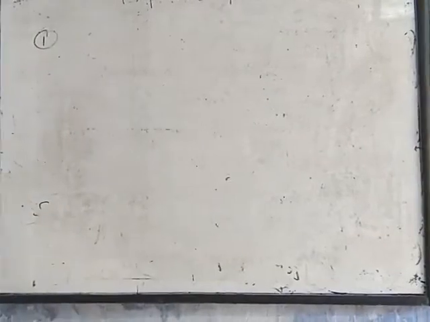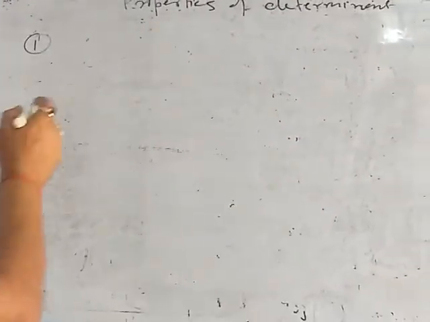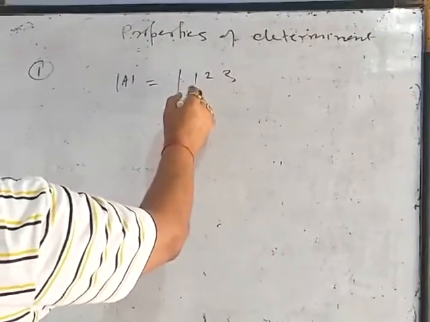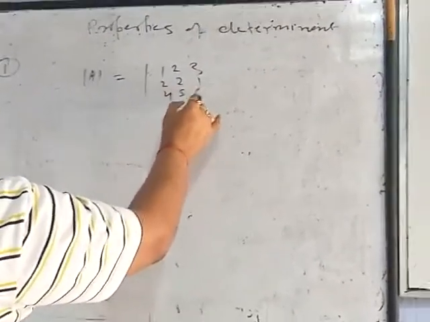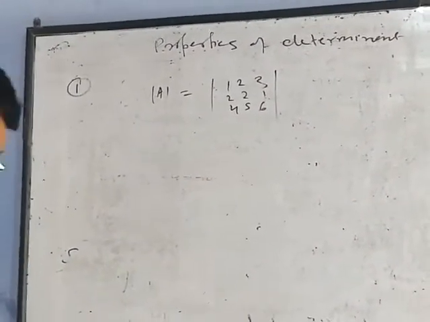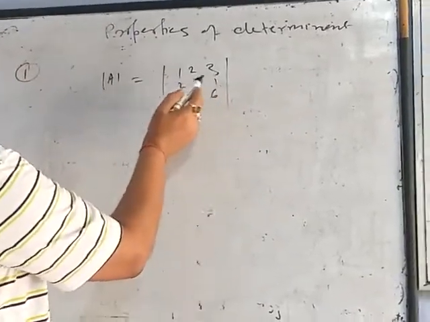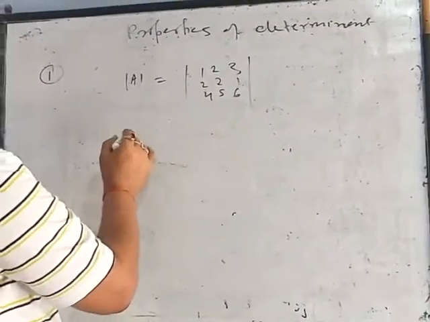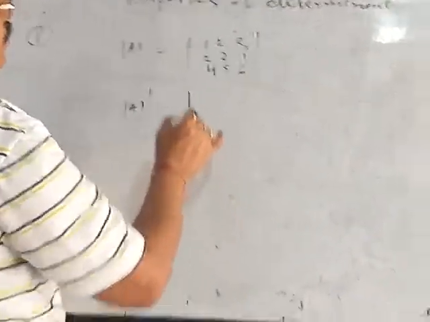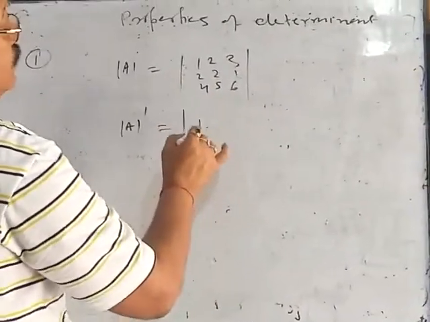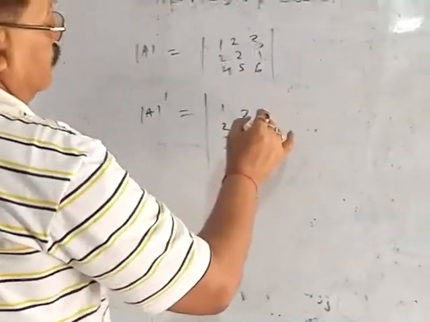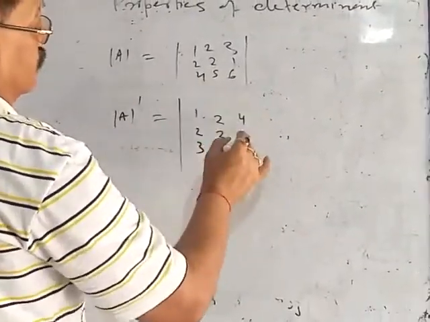First property: if a determinant A is 1, 2, 3, 2, 2, 1, 4, 5, 6, and we interchange rows into columns, then we get the transpose, with 1, 2, 3 as the first row, first column, second row, second column, third row, third column.